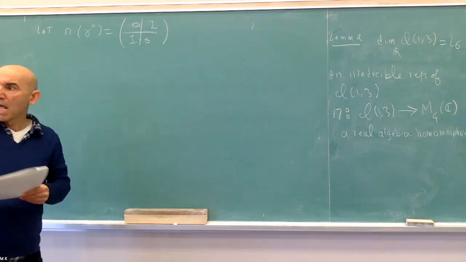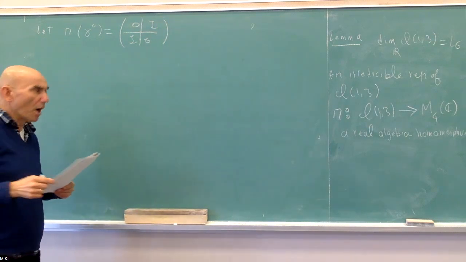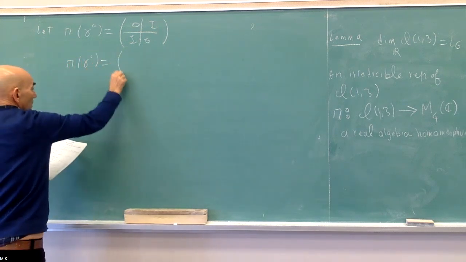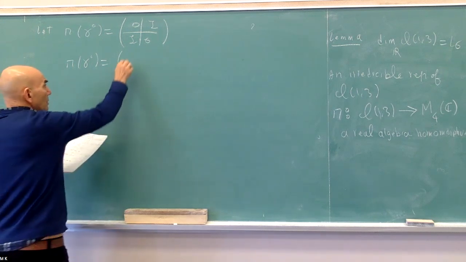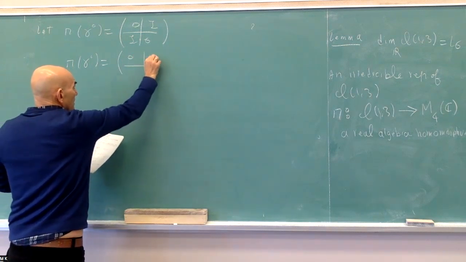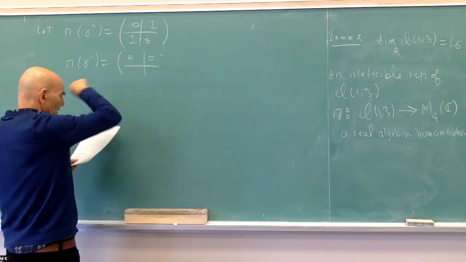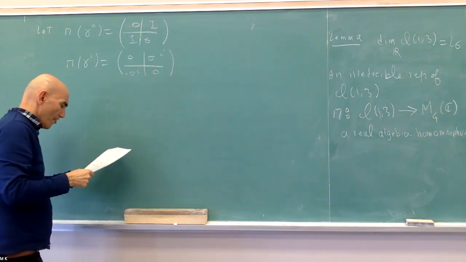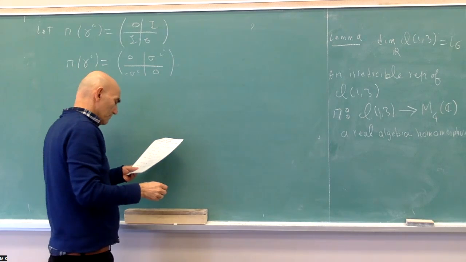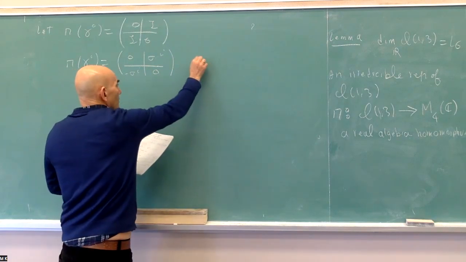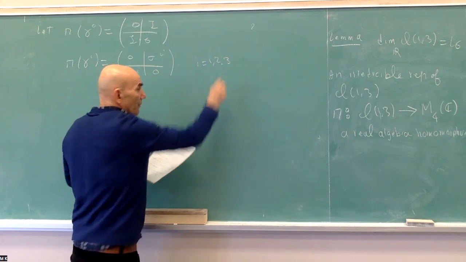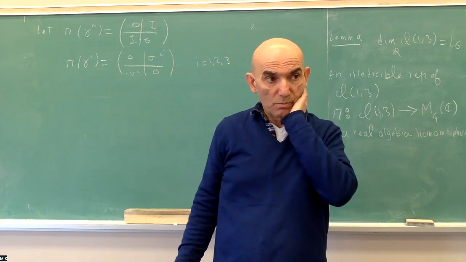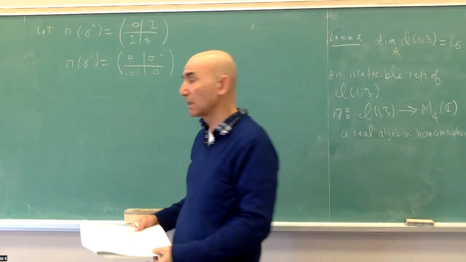And then pi of gamma i equal to 0, sigma i, minus sigma i, 0, for i equal to 1, 2, 3. So these sigma i's are Pauli spin matrices.